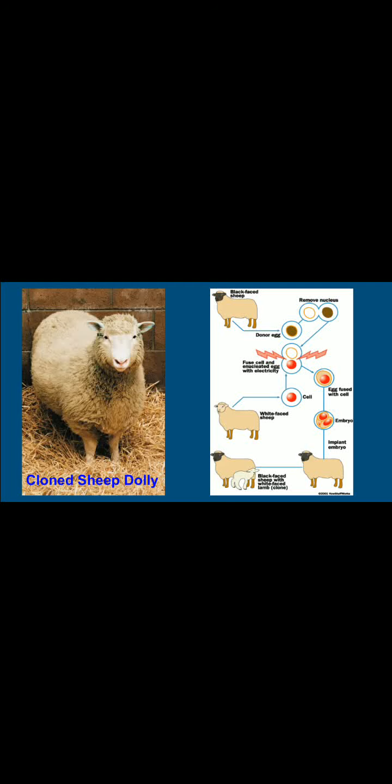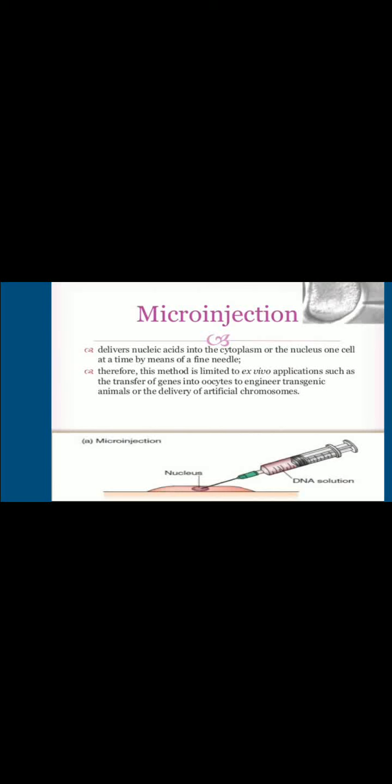You all know the cloning technique was developed, and that is responsible for the development of the sheep named Dolly. Dolly was developed with the help of the cloning technique, and in cloning the microinjection technique is used. This microinjection technique is also an advanced technique of DNA transfer.